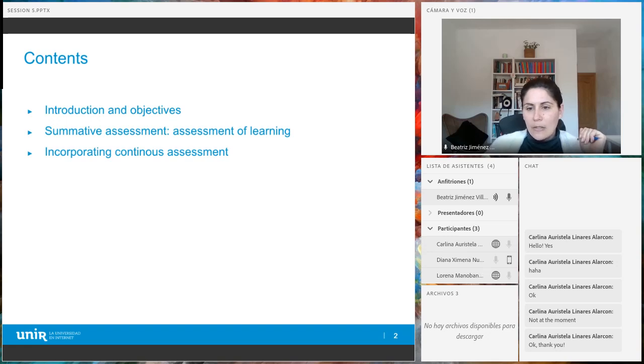But in unit 3, we're going to start talking about summative assessment, okay? So the roadmap for today will be to talk about the introduction and the objectives of the whole third unit. Then we're going to start talking about summative assessment, okay? And then we're going to talk also about continuous assessment, okay? That is a mixture, or a hybrid between formative and summative assessment, okay?